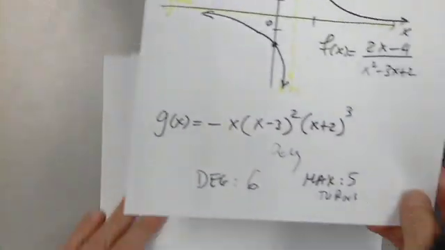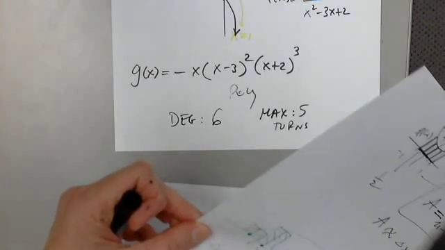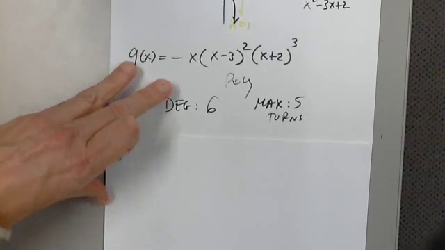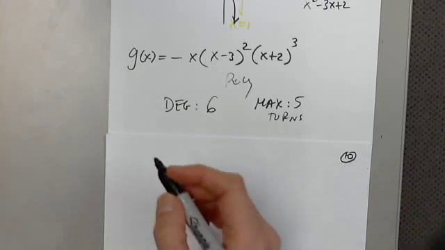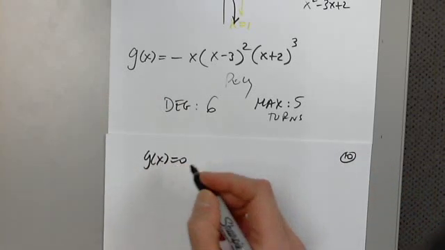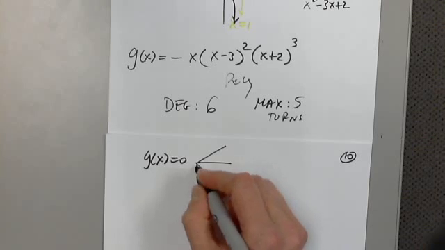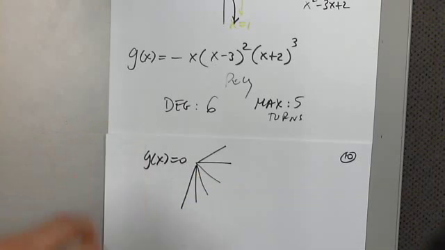How many x-intercepts will you give? Let's see what I discovered here. So g of x equals 0. How many solutions will you give? Exactly, the degree of g. Good. So please give me 6 solutions and their multiplicities.